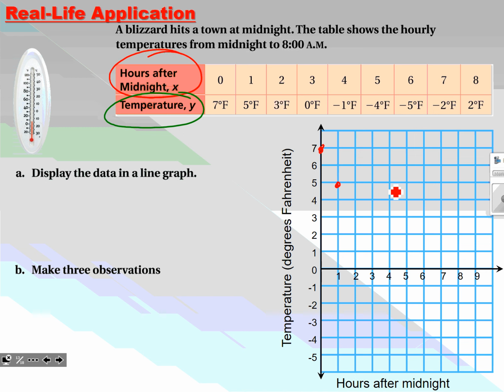Sometimes you'll see coordinate planes like that. 2, 3. 3, 0. 4, negative 1. 5, negative 4. 6, negative 5. 7, negative 2. 8, positive 2.